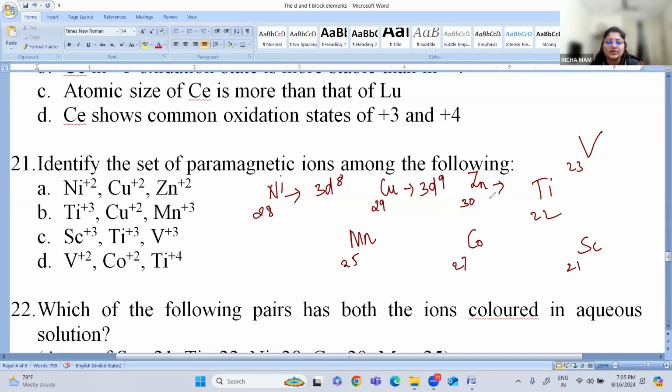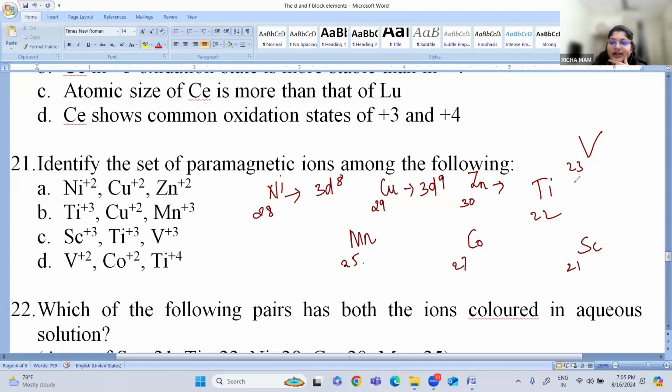Zinc. Option C. Okay. So here, titanium.